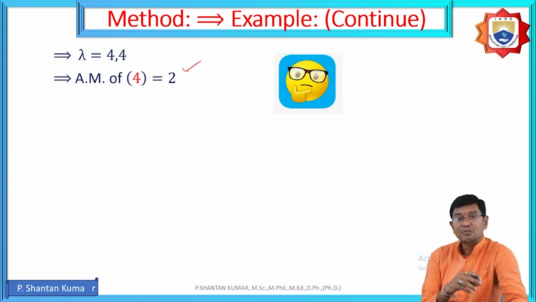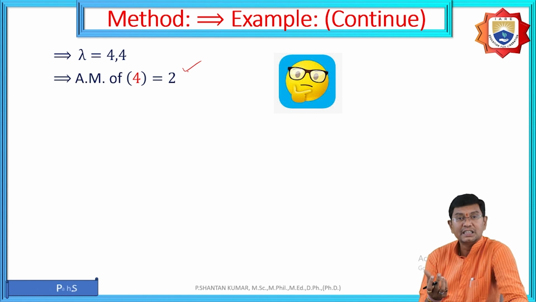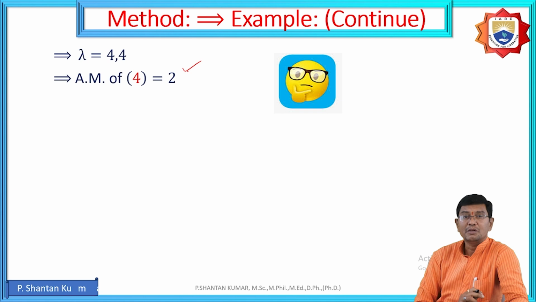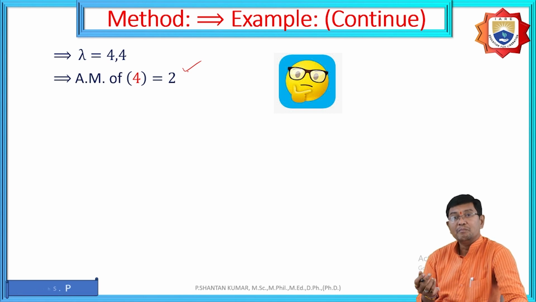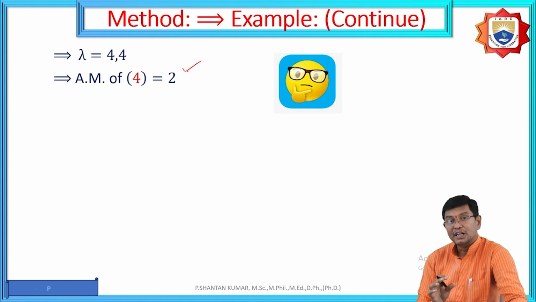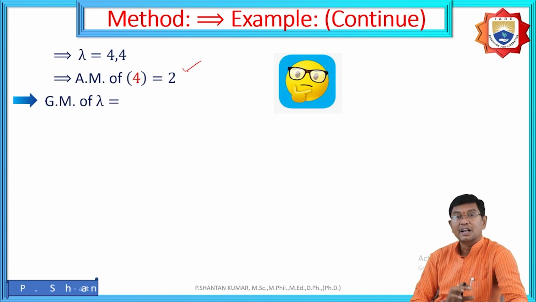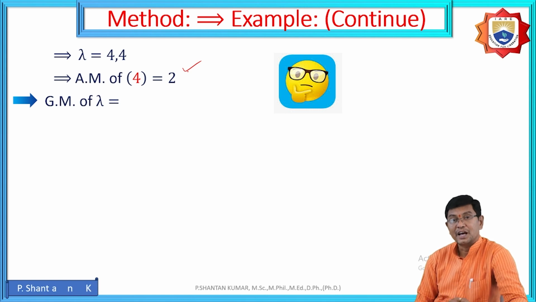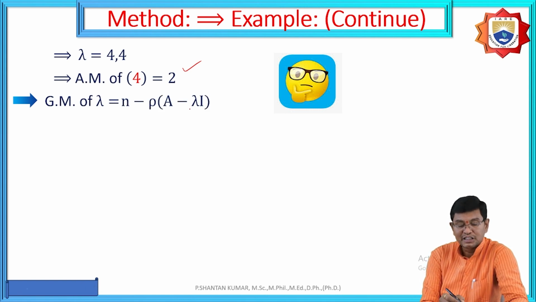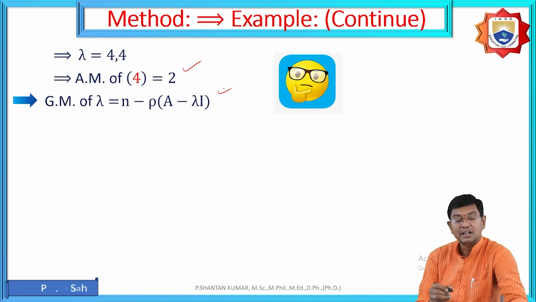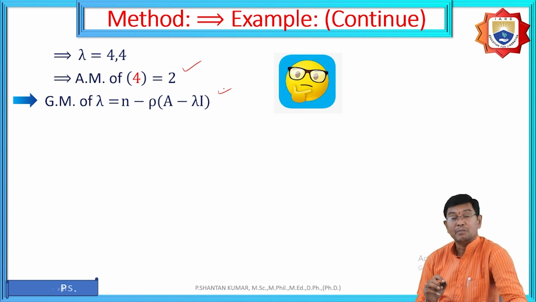And we need to check the geometric multiplicity of the particular eigenvalue lambda equal to 4. We know the formula: the geometric multiplicity is n minus the rank of A minus lambda I. Here n is the number of variables.